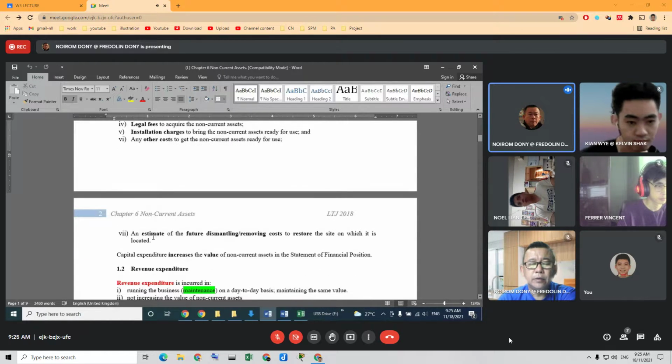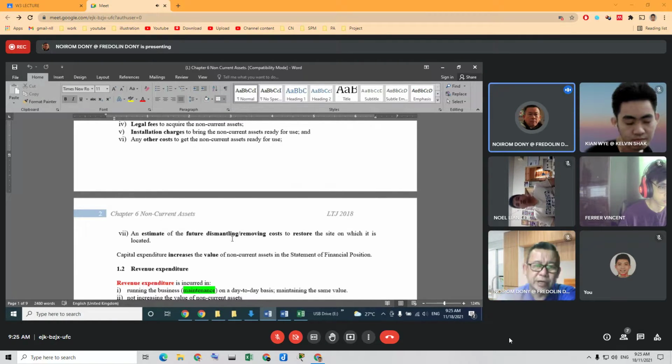And, oh, sorry, 7. An estimate of the future dismantling. Future dismantling means this cost is not incurred yet, but you have estimated it. In future, if you want to dismantle this machinery, meaning you are not going to use it anymore, you have to take it out from the present location.